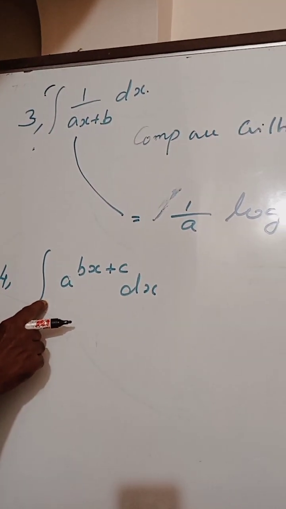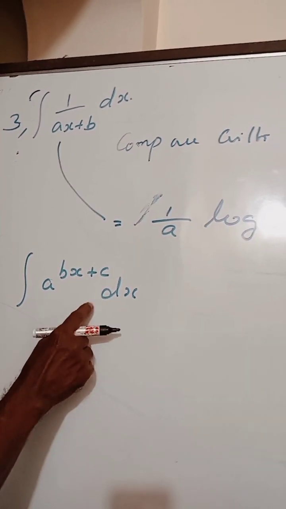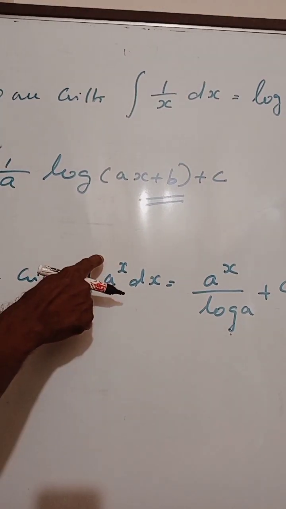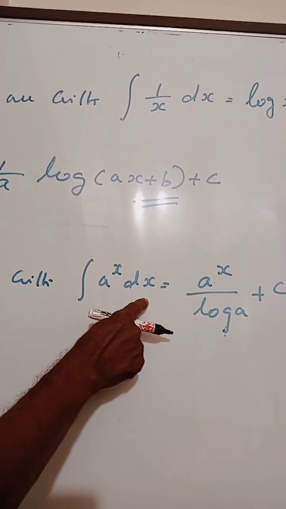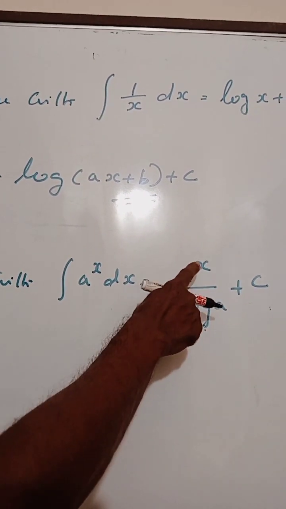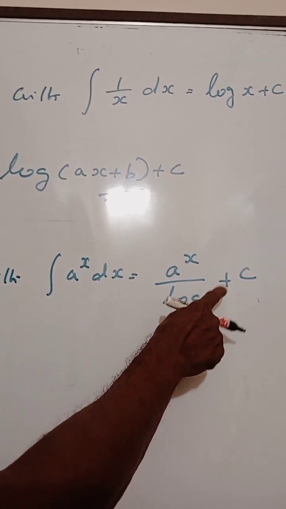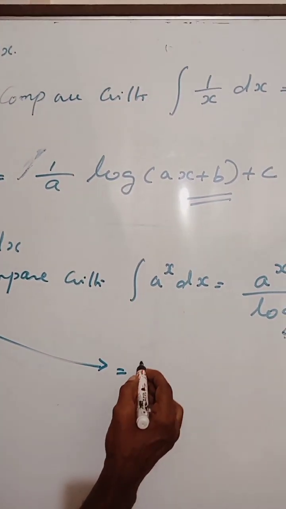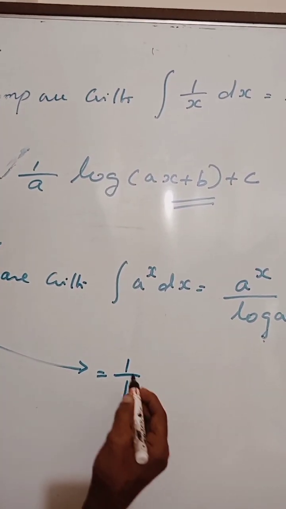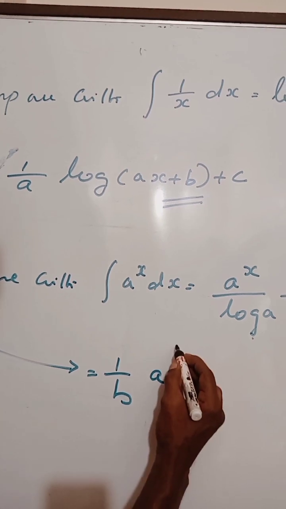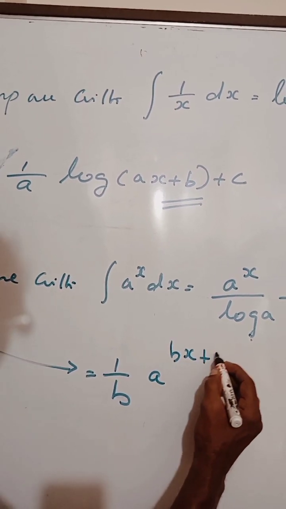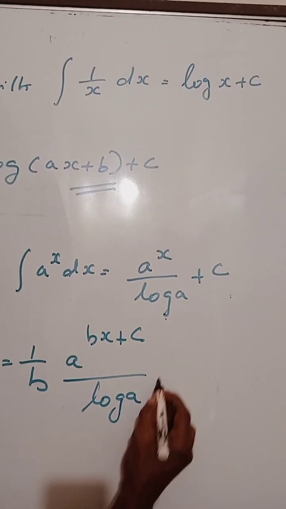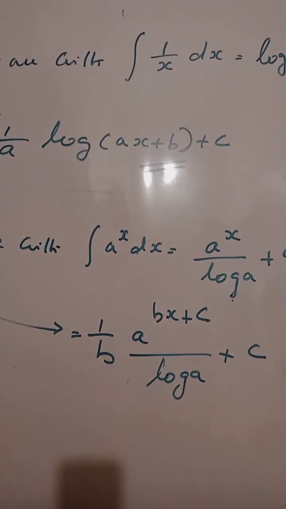Fourth one is integration of a raised to bx plus c dx. This we have to compare with integration of a raised to x dx is equal to a raised to x divided by log a plus c. Therefore, this is equal to 1 by b into a raised to bx plus c divided by log a plus c.